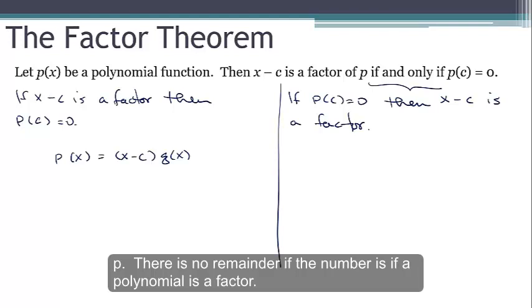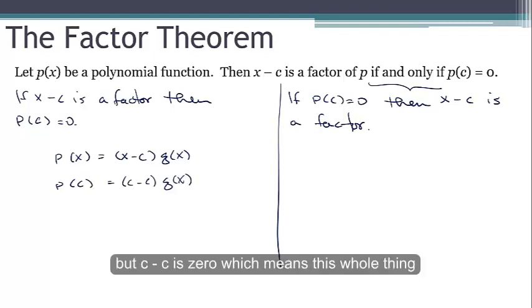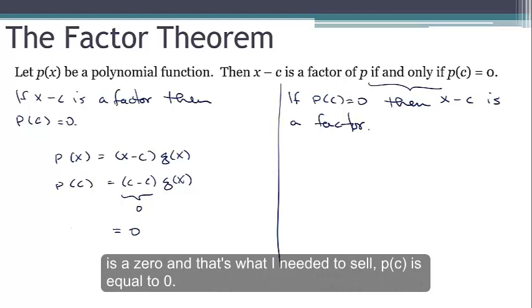There is no remainder, if a polynomial is a factor. But now just evaluate this at c. P of c equals c minus c times q, but c minus c is 0, which means this whole thing is 0, and that's what I needed to show. P of c is equal to 0.